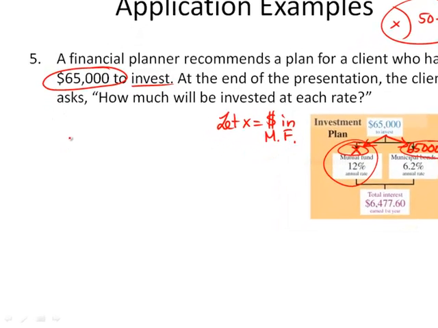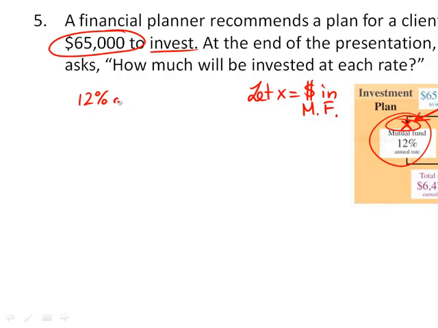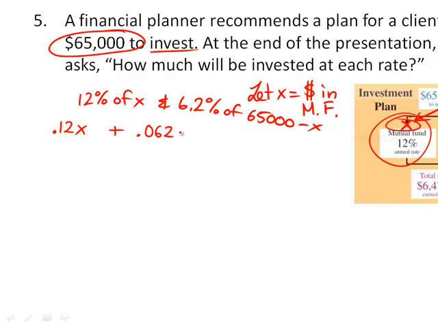So what we do is we want to take 12% of X, and we want 6.2% of 65,000 minus X. So taking 12% of a number means multiplying it by 0.12 and add 0.062 times 65,000 minus X. And in total, that total amount should give us the total interest that was earned from both accounts.